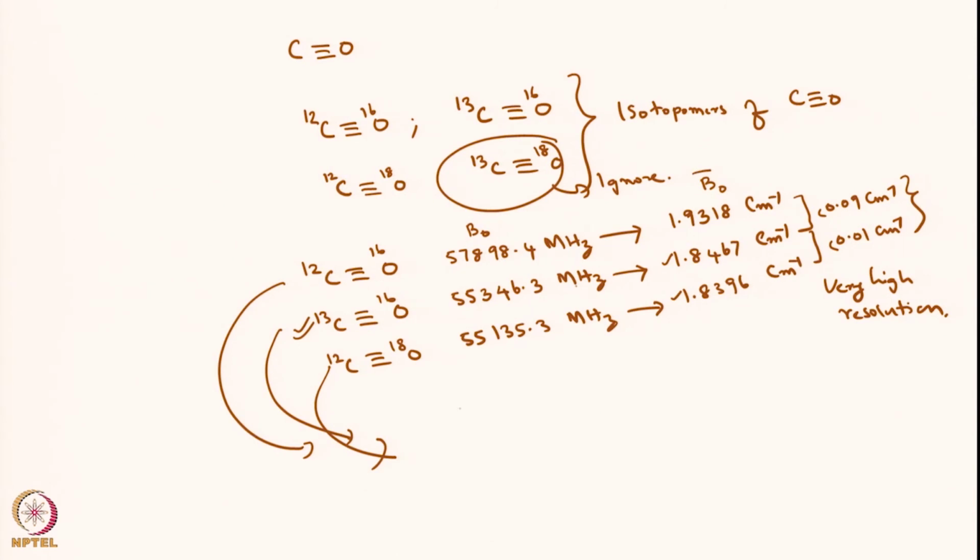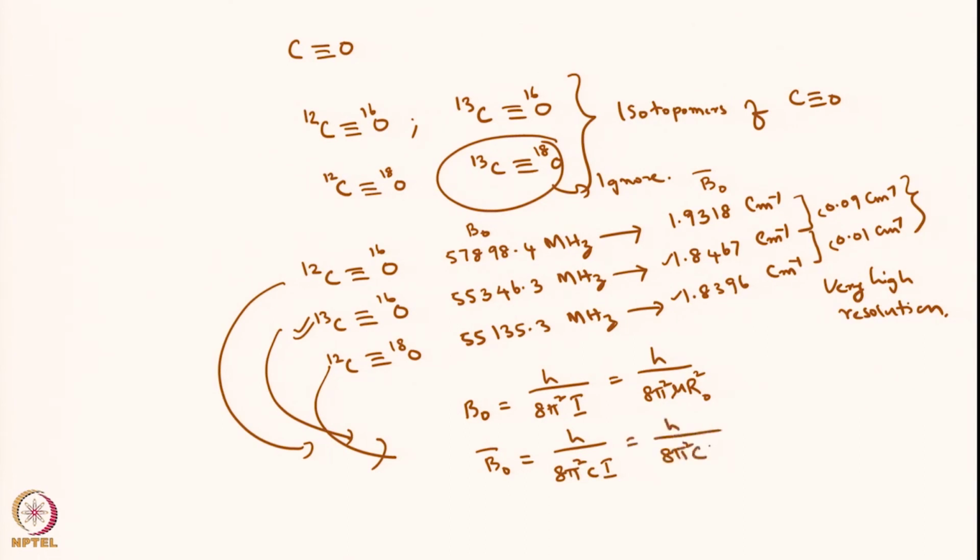I can use the value B naught is equal to h by 8 pi square I. This is nothing but h by 8 pi square mu R naught square, or B naught bar, that is in centimeter inverse, is h by 8 pi square c I, or h by 8 pi square c mu R naught square. I can use one of them and plug in the values of mu. Of course, the values of mu will keep changing.